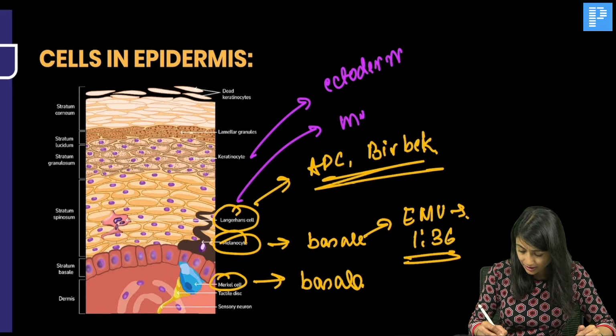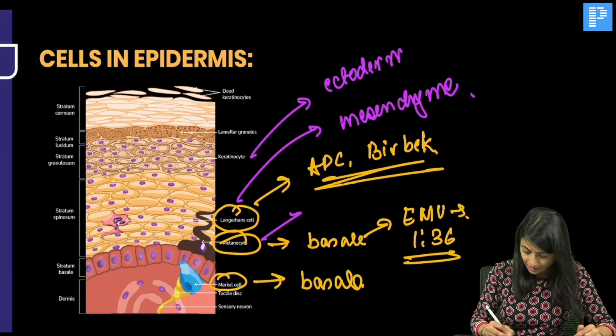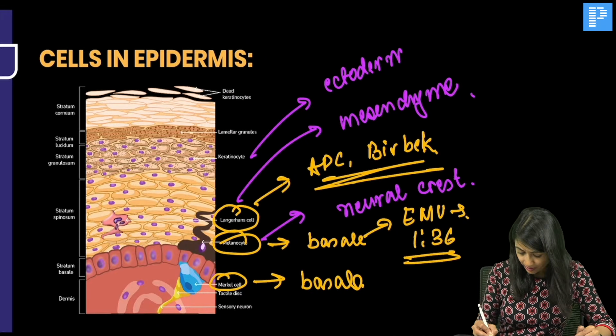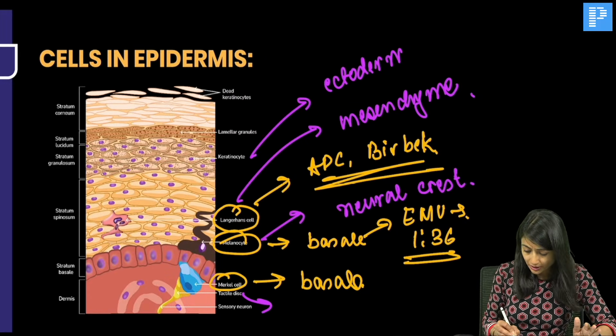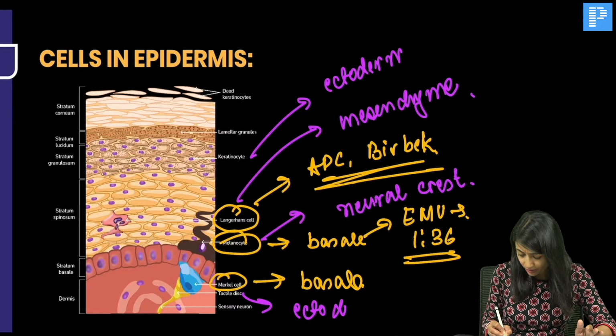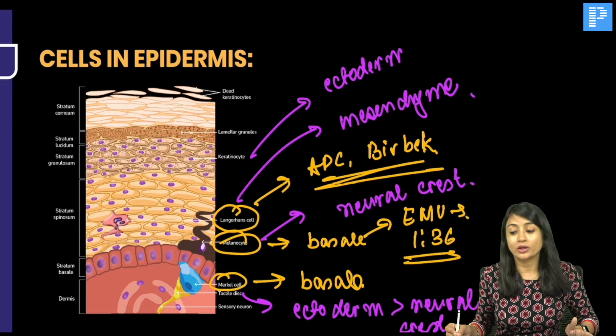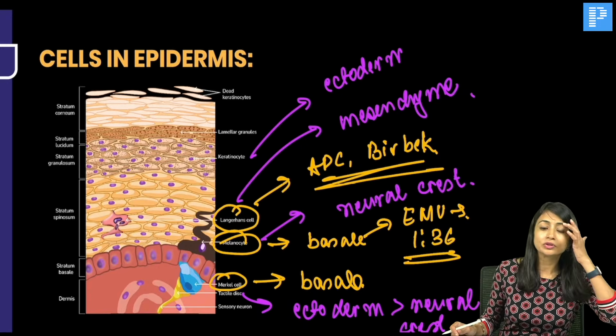Langerhans cell is derived from mesenchyme. Merkel cell, we are still not clear, but if we have to mark one, we will do ectoderm or neural crest. They are slow adapting touch receptors. So, this is clear.